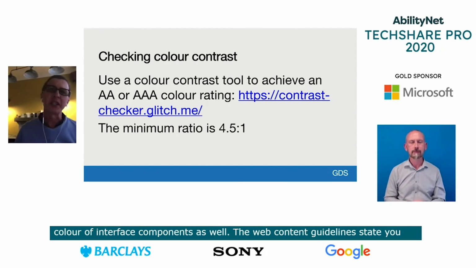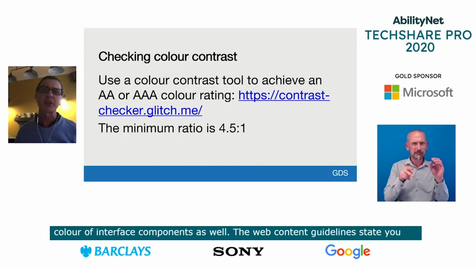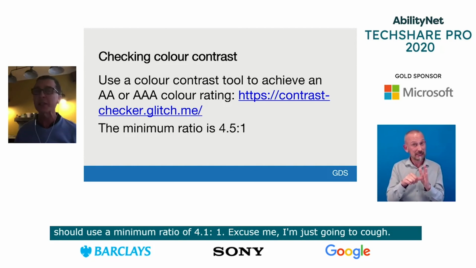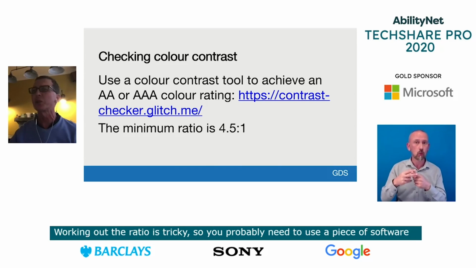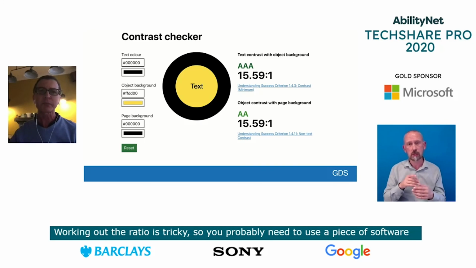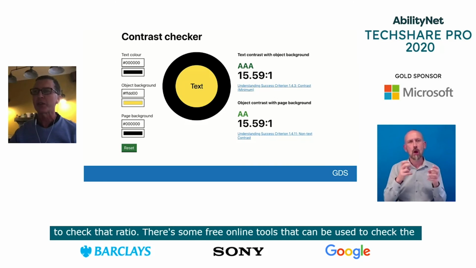Working out the ratio is tricky, so you probably need to use a piece of software to check that ratio. There are some free online tools that can be used to check the contrast. And we use a thing called Contrast Checker, which I'm showing here now on the screen.